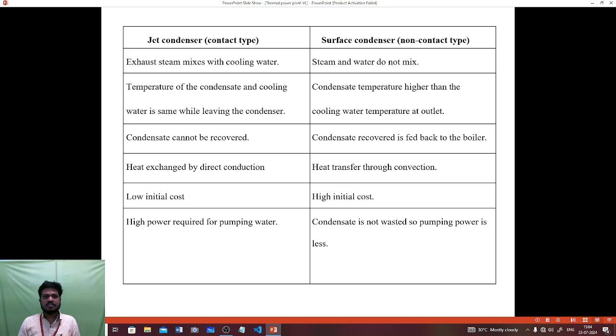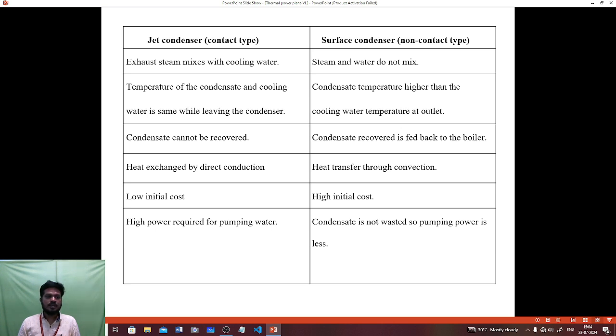In the surface condenser, the condensate temperature is higher than the cooling water outlet temperature. In the jet condenser, the condensate cannot be recovered, but in the surface condenser, the condensate is recovered and fed back to the boiler. In the jet condenser, heat is exchanged by direct contact, but in the surface condenser, heat is transferred through convection.